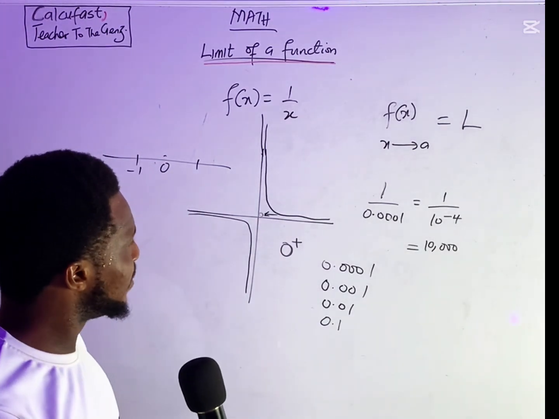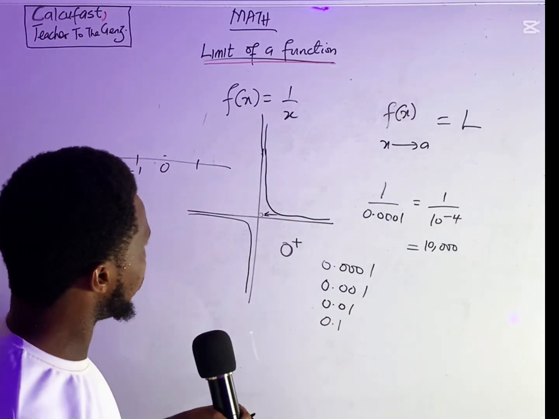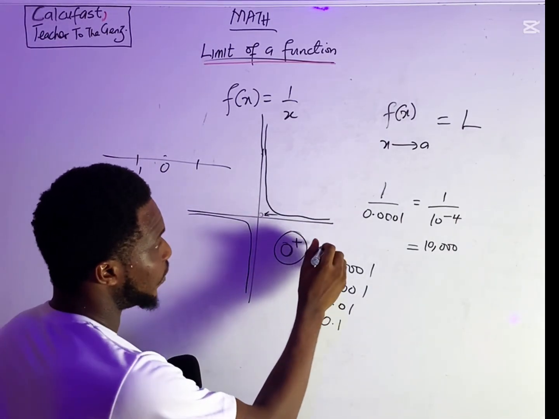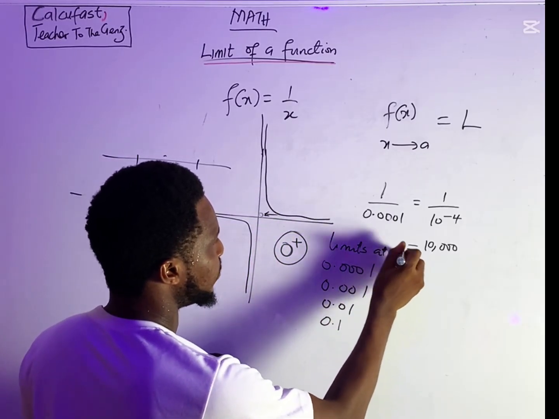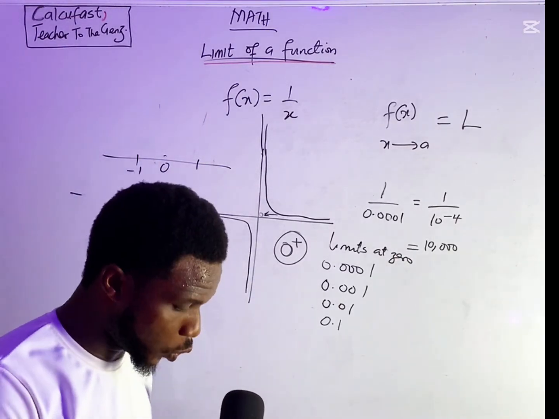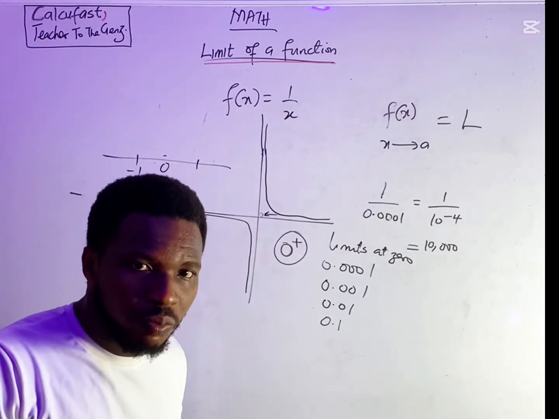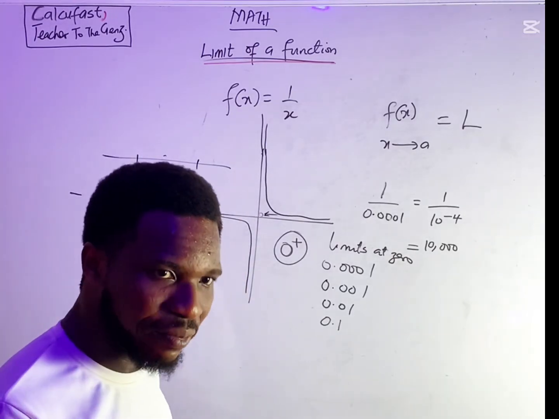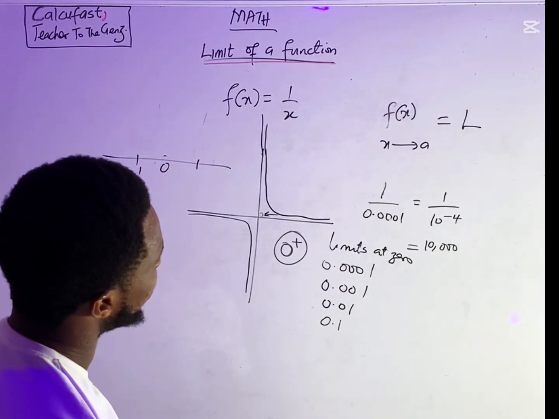Y is becoming extremely big. So this is the idea of a limit at 0. As x is becoming extremely small, infinitesimals we call them, very, very small numbers, incredibly small, you see, y is becoming large.